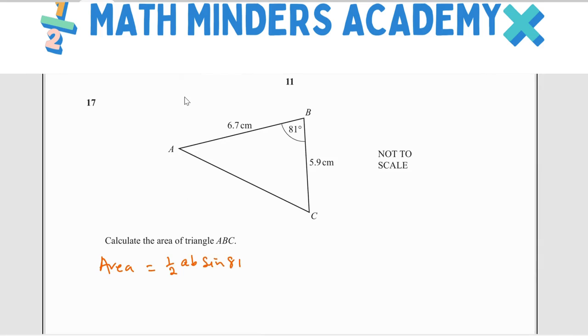So you will take the product of these two sides times the sine of this, then divided by 2. So we are going to have 1/2 times 6.7 times 5.9 times sine 81.